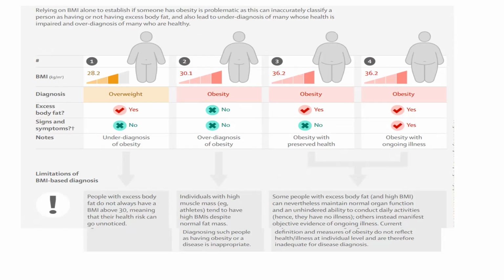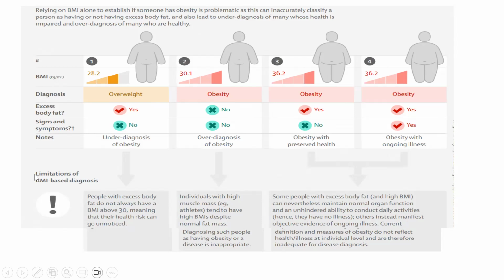What if the patient is obese with a clear BMI very high of 36 with excess body fat and having no signs and symptoms related to obesity? Such a patient will be labeled as obesity with preserved health. On the other hand, if a patient has all the problems from obesity and the signs and symptoms related to obesity alongside excess body fat, such a patient will be labeled as obesity with ongoing illness.